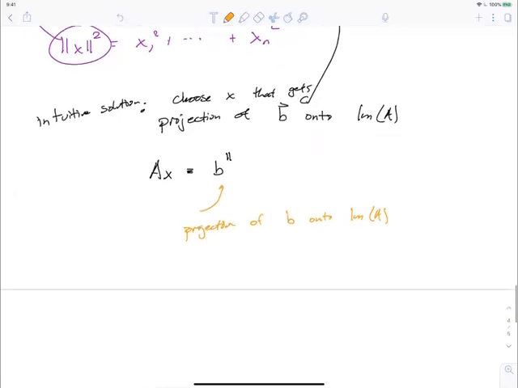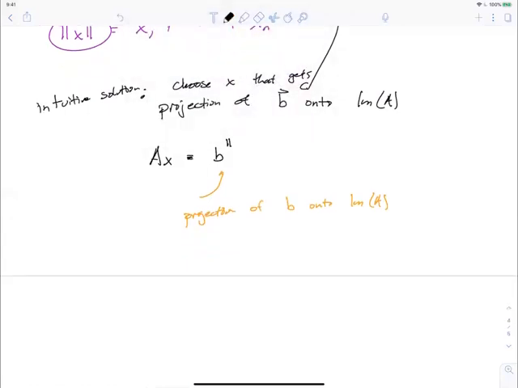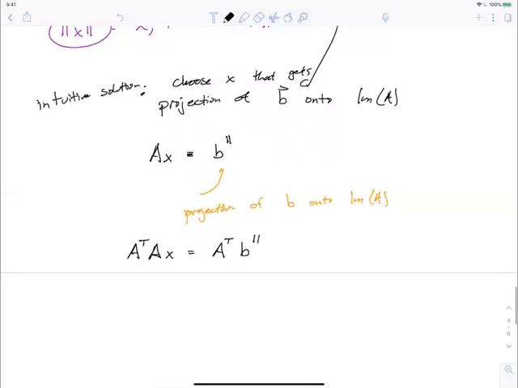All right, now this is where the magic comes into play. What we're going to do, and this really leverages the things that we've done over the last couple of sessions, is multiply both sides by A transpose. And we can do this for free. This is just algebra. You're allowed to multiply the same thing on both sides.